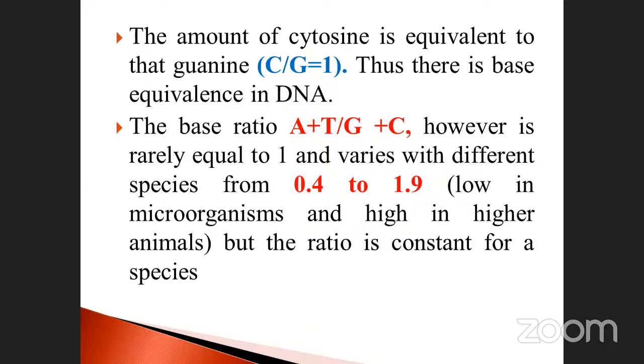Suppose if there are any variations, what happens? See here, the base ratio, adenine plus thymine to guanine plus cytosine, however, is rarely equal to 1 and varies with the different species from 0.4 to 1.9. It is mostly found low in microorganisms and high in higher animals, but the ratio is constant for a species.